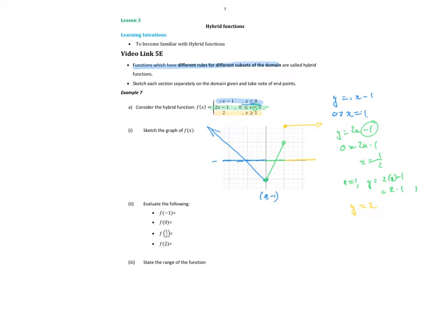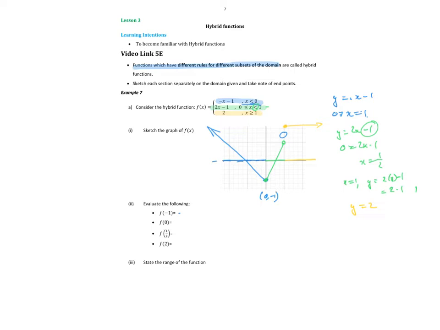So that's my hybrid function. That's the graph of the function. We can see there's a break in between here. We'll talk about continuous graphs and things like that later. So it's not continuous.